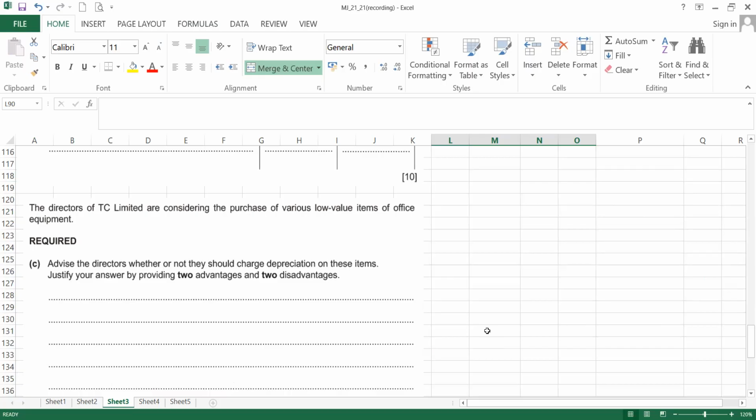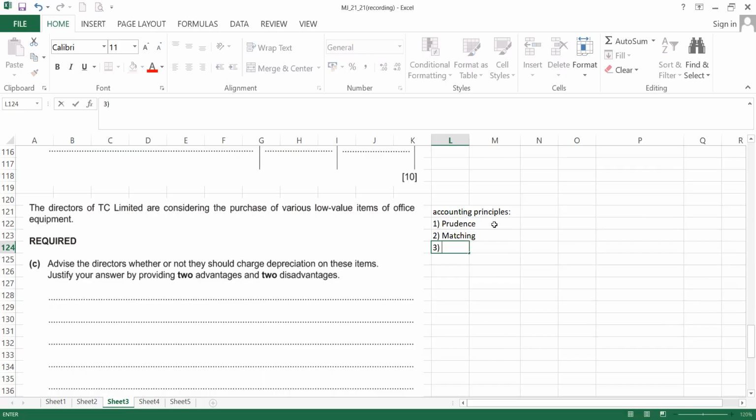Okay. In terms of the accounting principles that we have learned, okay, the accounting principles. Okay, we have learned number 1, prudence. Number 2, matching.